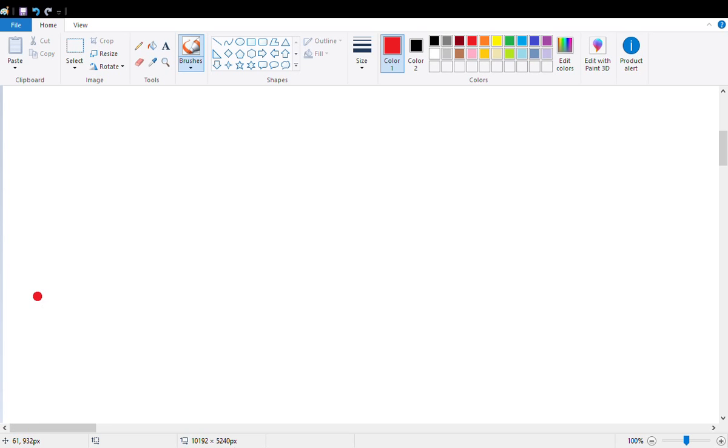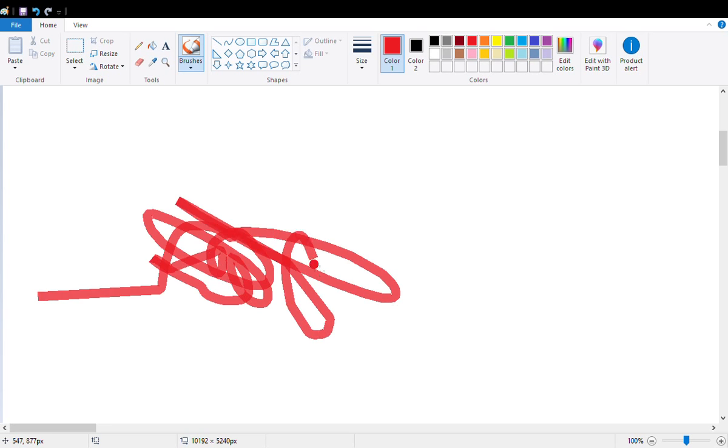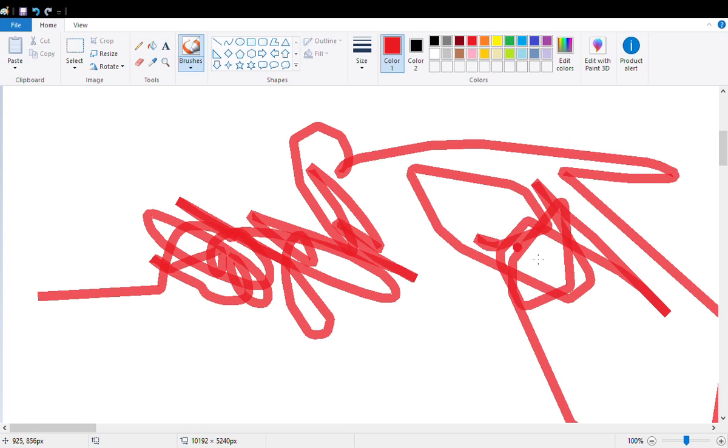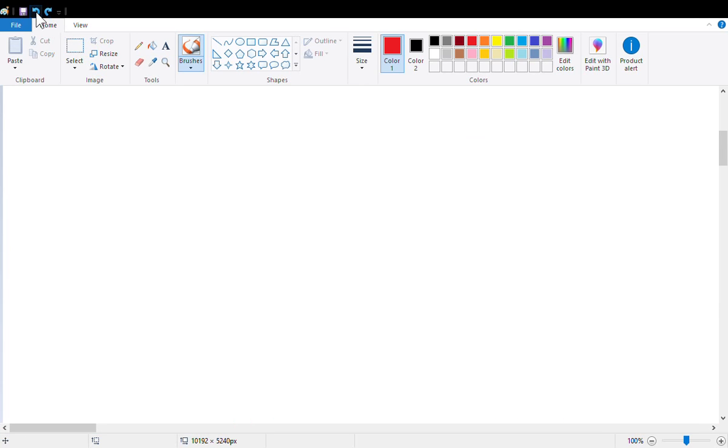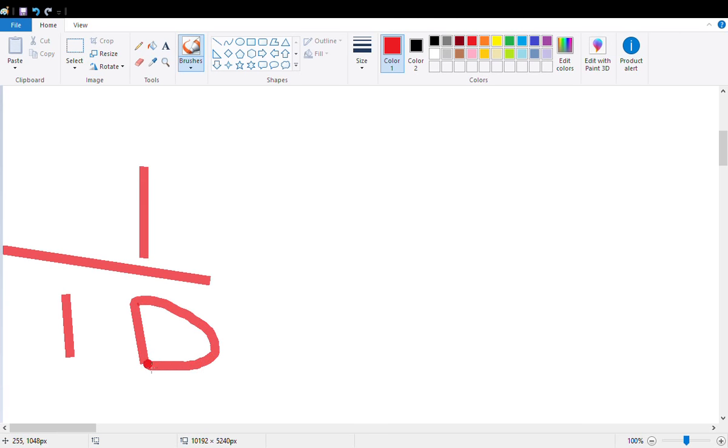Wait, hold on, do not do what I just did. First of all, you're going to draw the number you want to convert to a decimal. 10 equals to a decimal.